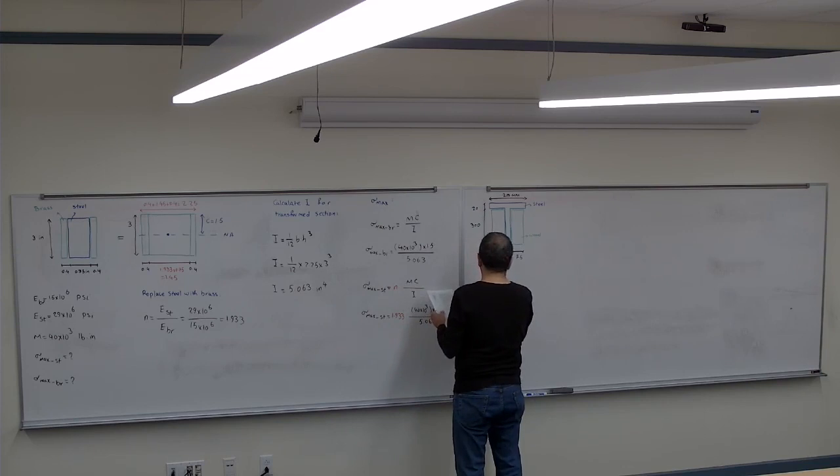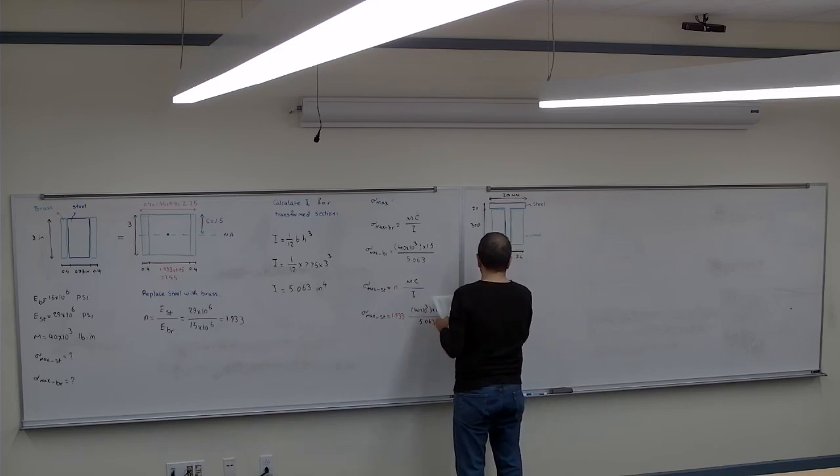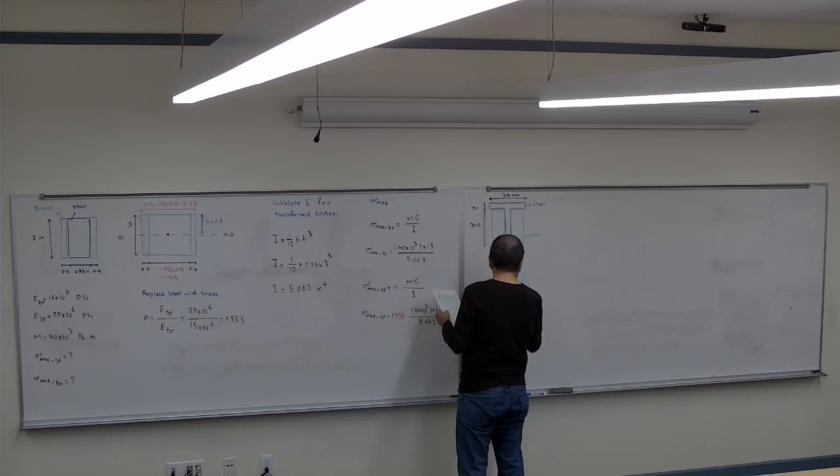For E for the wood, it is 5 gigapascal, and E for the steel is 200 gigapascal.